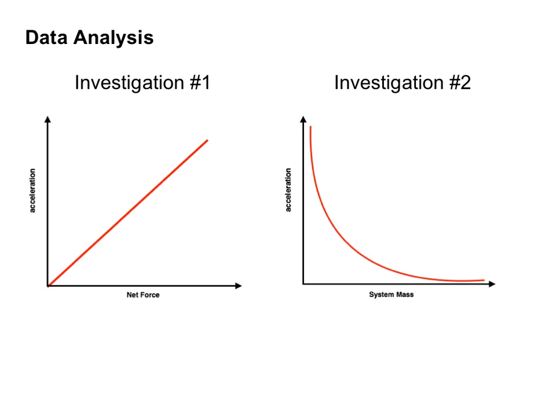After we graphed our data, we found that the acceleration versus the net force yielded a straight line, so these are directly proportional. However, acceleration versus system mass yielded a hyperbola for our second investigation, so we knew that they were inversely related.